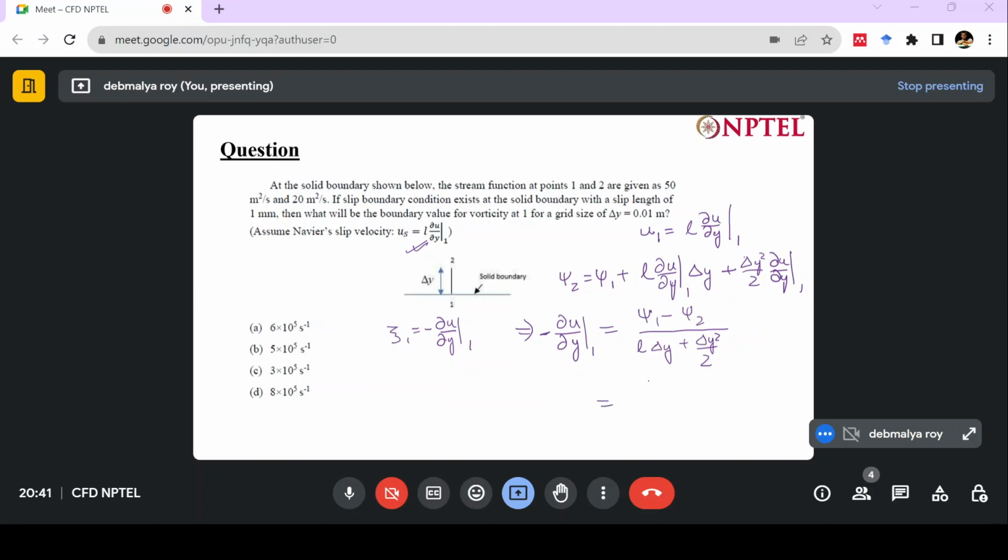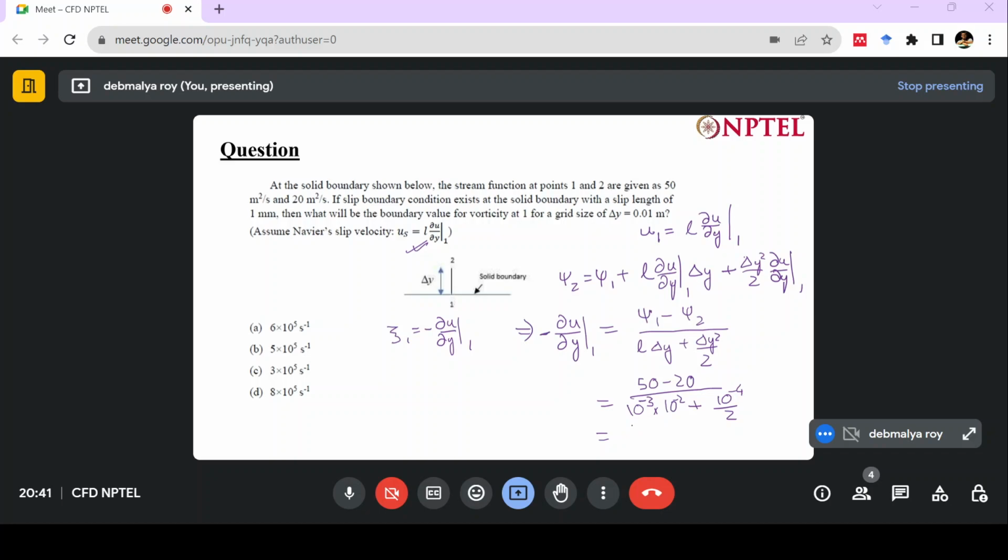Let's put in the values. So this is 50 minus 20. What is the slip length given? Slip length is given as 1 millimeter. So we will put that as 10 to the minus 3, and delta y is given as 10 to the minus 2, plus this is 10 to the minus 4 by 2. So this is nothing but 5 into 10 to the minus 5, and this is 1 into 10 to the minus 5.